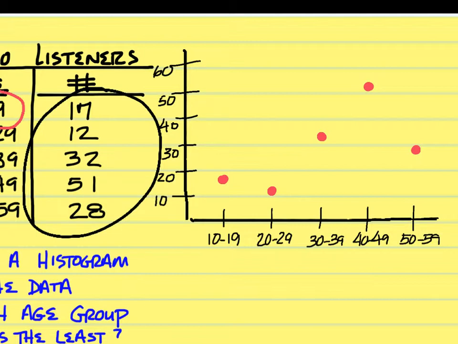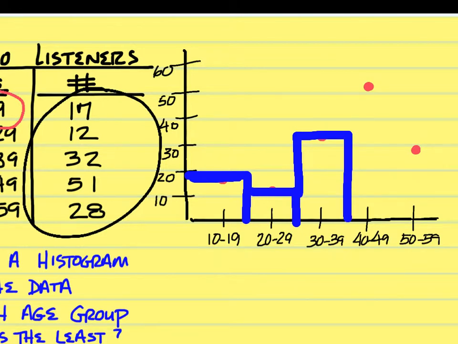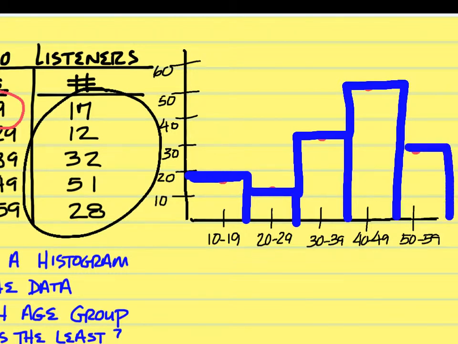The bars will go halfway between the intervals, so you're going to go up to the dot and then over. And then for this one, over and down. There's your next one, the next one, and your last bar. So that is a bar graph or a histogram.